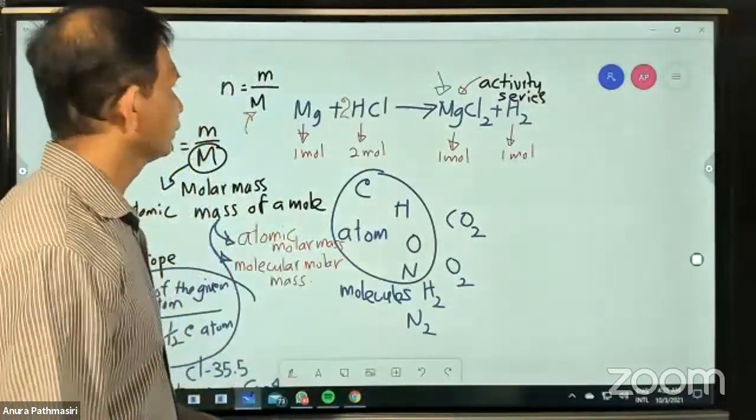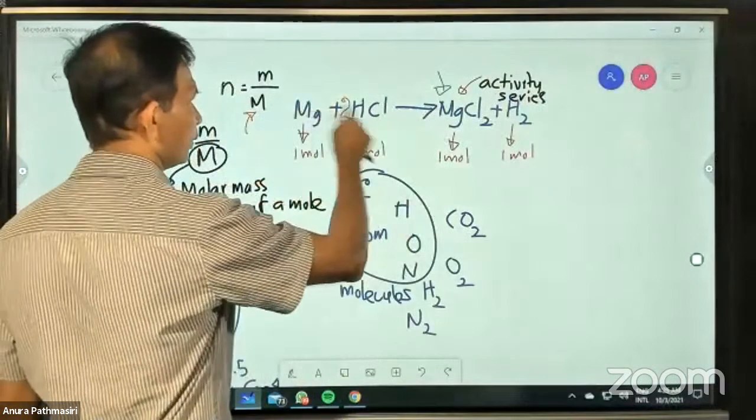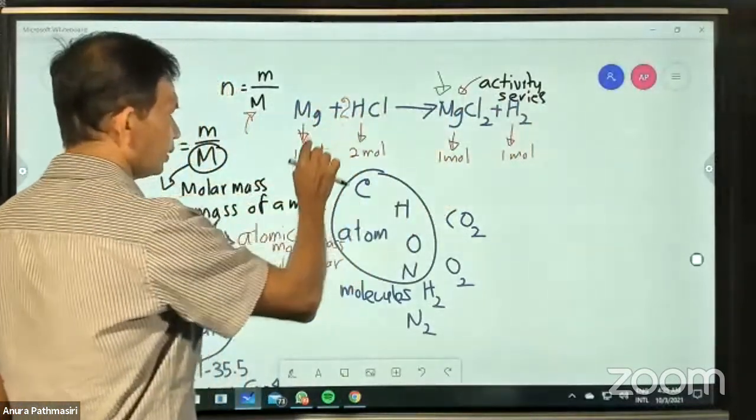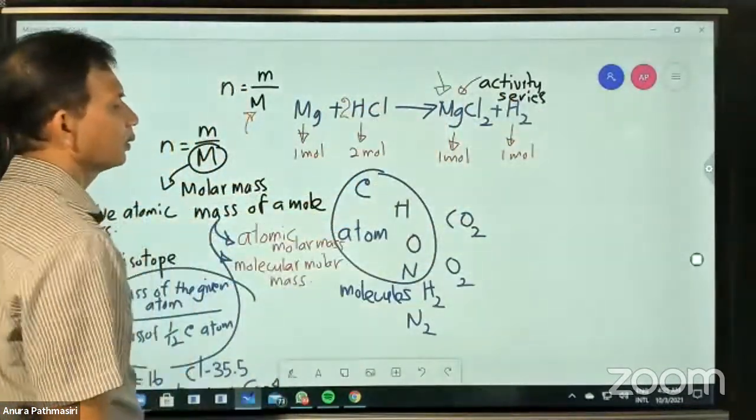Balancing means you tally all the reactants with the products. It means the amount of moles contributing was found out.